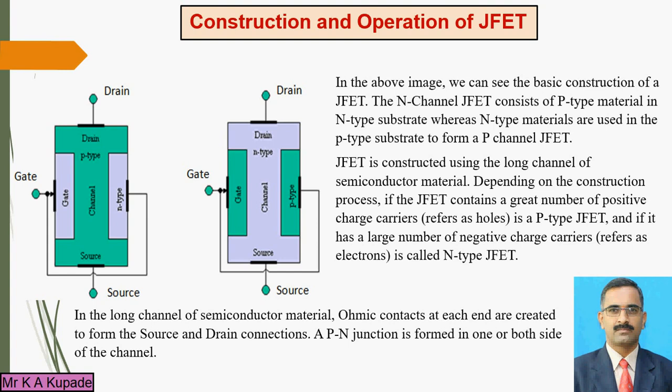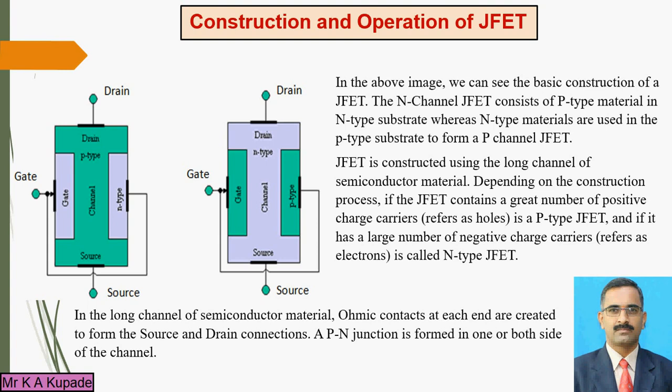The long channel semiconductor bar has ohmic contacts at each end, which create those ends as the source and drain. That means the source and drain consist of ohmic contacts.